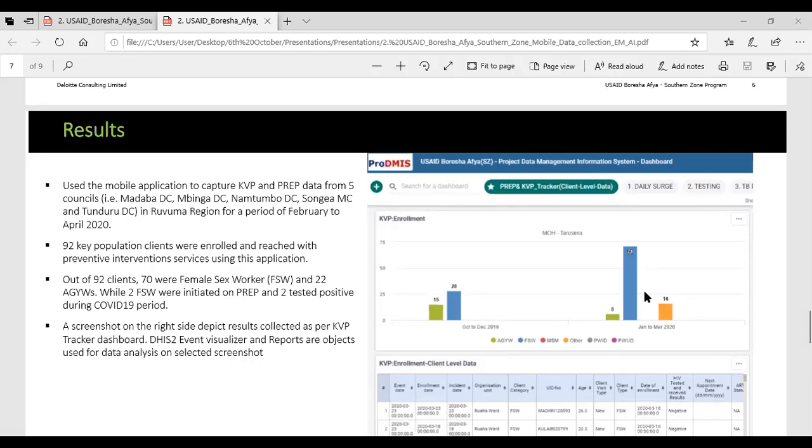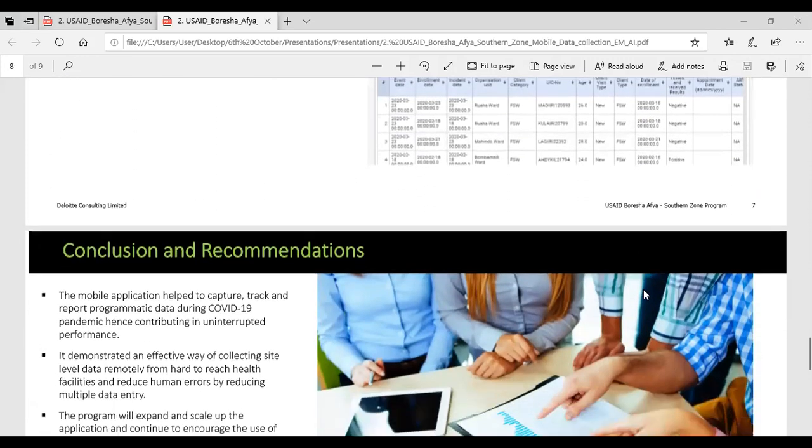Those are the key components that were used to generate all the data that was collected during that period of time. Next slide. In conclusion.